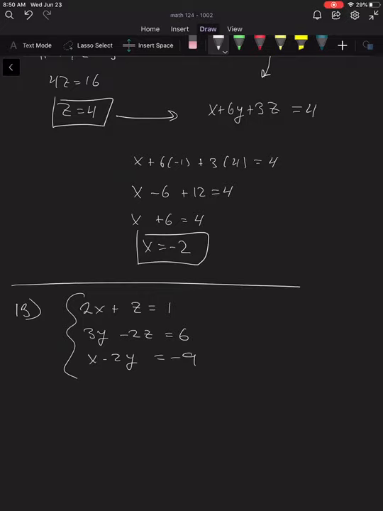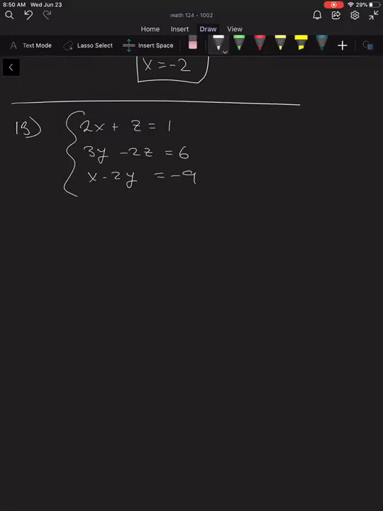Okay. The first step here, which is going to be helpful, is to write this problem using x's, y's, and z's. So we need some placeholders. The first equation, let's write it like this: 2x plus 0y plus z is equal to 1. For the next one, we'll have 0x plus 3y minus 2z is equal to 6.